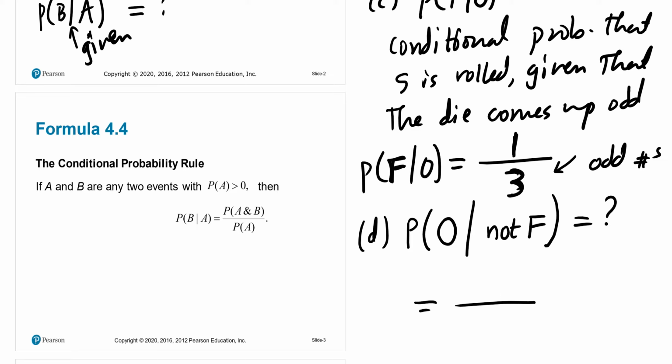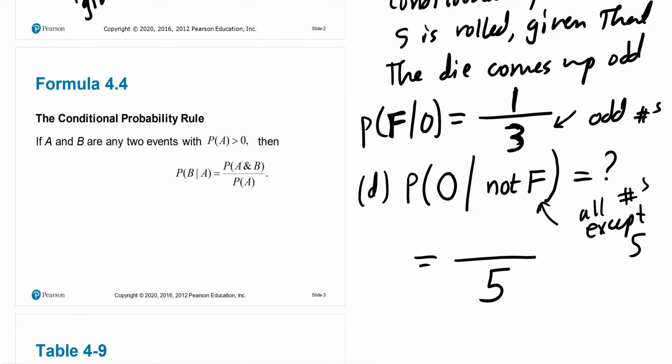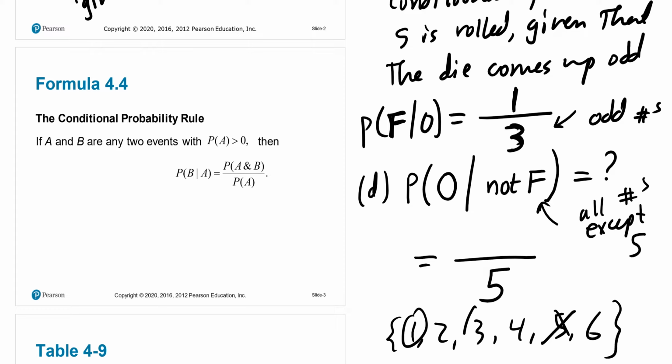Not 5 means it could be any of the numbers except 5. How many numbers are there? We have 6 total. Except 5, that leaves only 5 left. Now, how many odd numbers are left? Remember, we have 1, 2, 3, 4, 5, 6, and we're not counting the 5. Two of them are left.